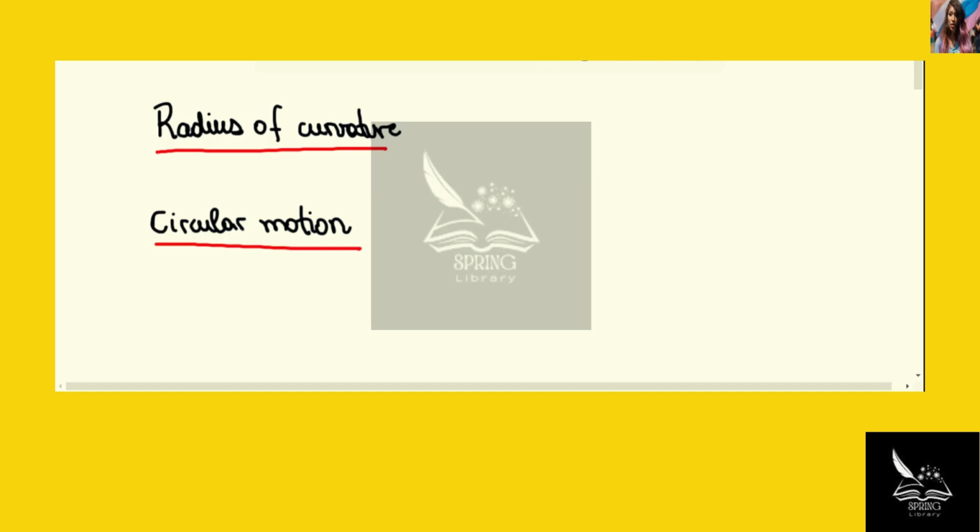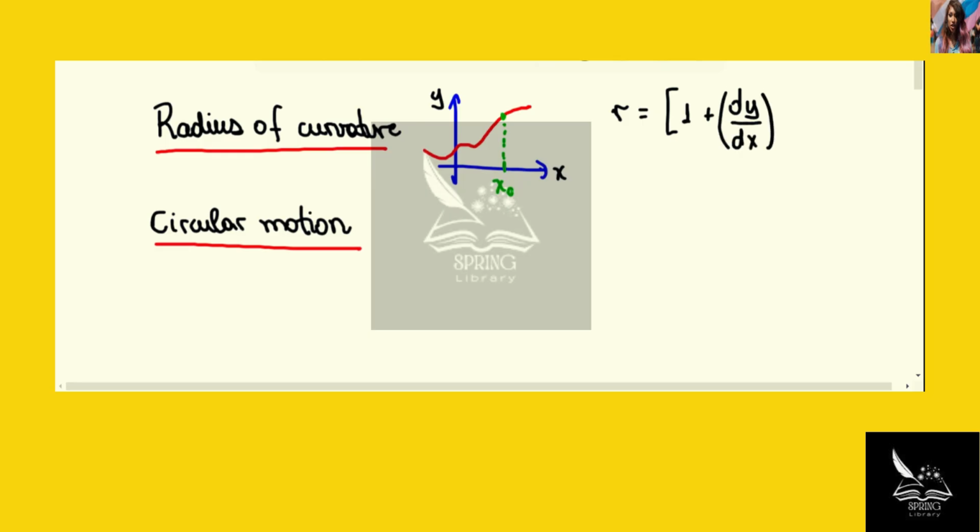First, for radius of curvature, if we have a general, arbitrary curve like this one, and we want to calculate the radius of curvature of this curve at a certain point, x0, so we have y as a function of x, then the radius of curvature is equal to 1 plus the derivative of y with respect to x squared, to the 3 halves, divided by the magnitude of d2y dx2, and this should be calculated at x0.